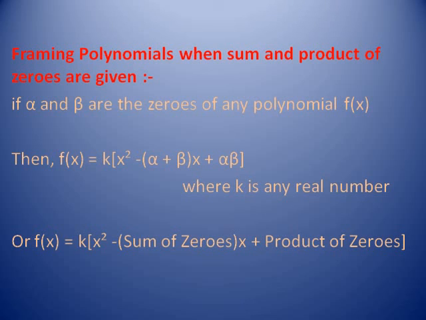Therefore, using this formula, we can write the polynomial when the sum and the product of the zeros of the polynomial are given. Dear students, in the next video, I will discuss some of the examples and questions related to these facts.